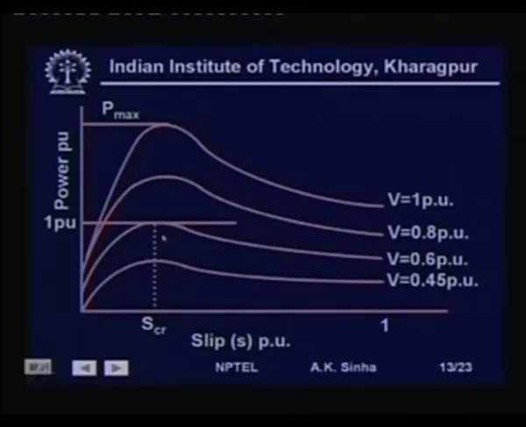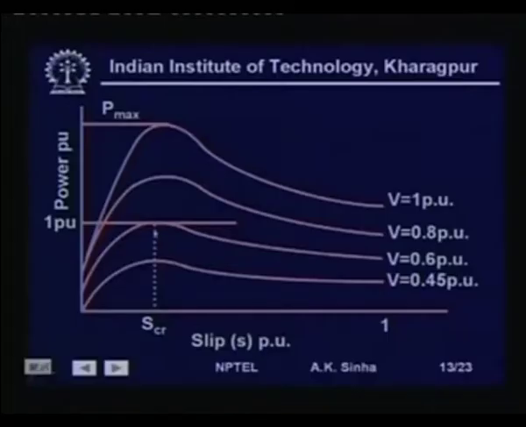And if this happens, then some of the machines, induction machines, if the voltage goes below this point, will stall. This point is the maximum power that can be generated by this machine, called the P max for the machine, and the slip at which this can be generated is called the critical slip.